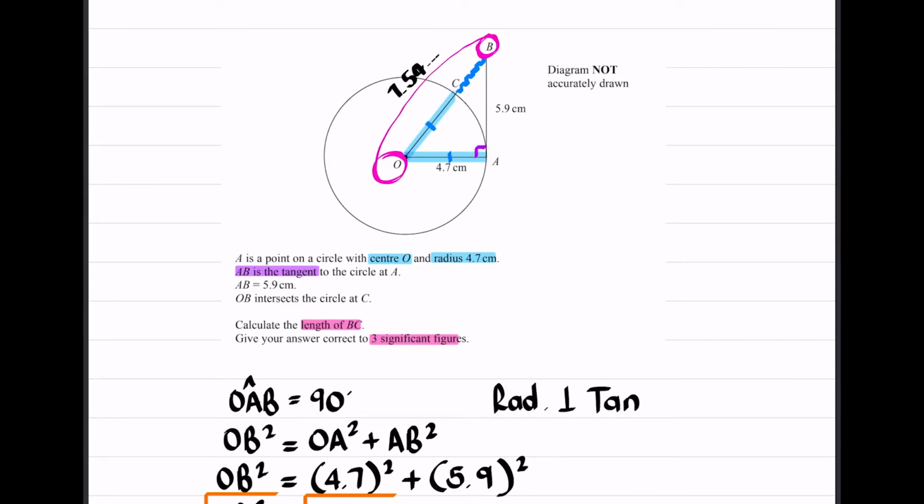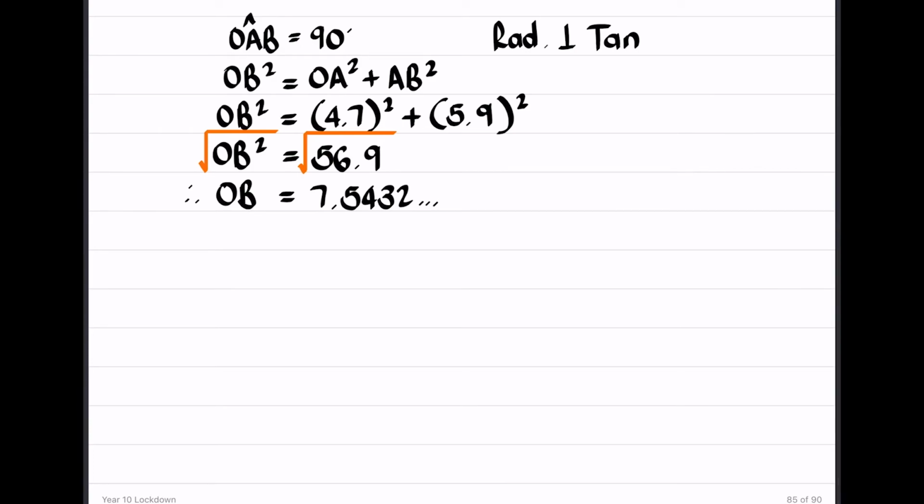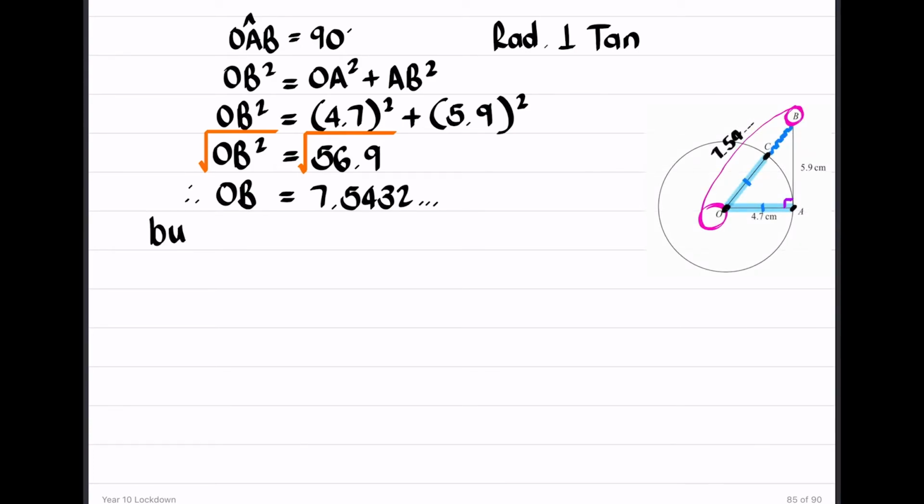A radius goes from the center of the circle to the circumference of the circle. So OC equals OA, which equals 4.7 centimeters. Why am I saying that? Because they are radii.